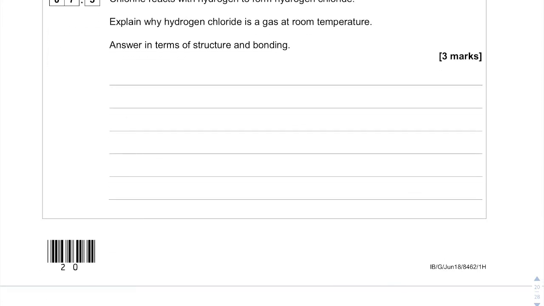7.3, chlorine reacts with hydrogen to form hydrogen chloride, HCl. Explain why hydrogen chloride is a gas at room temperature in terms of structure and bonding. So we know that HCl is covalent and a simple molecule, so it doesn't form any big structure, which in theory the covalent bond is very strong, but it is not the covalent bond that defines its state.